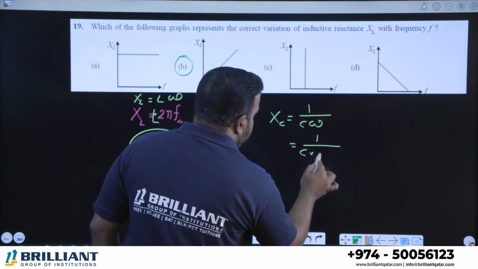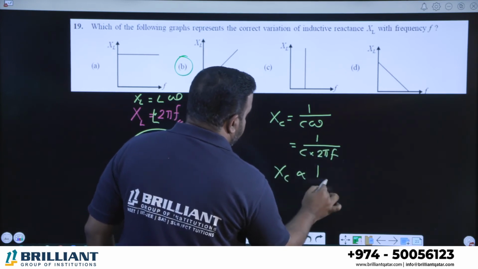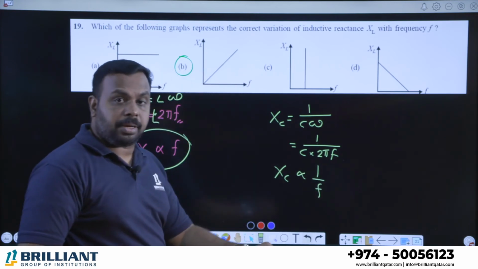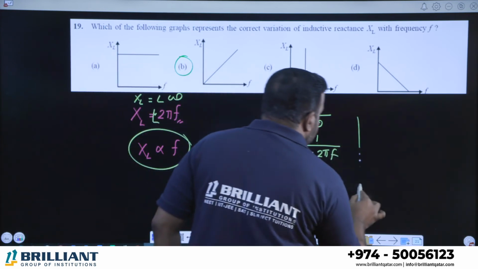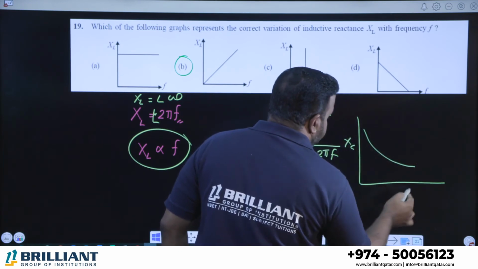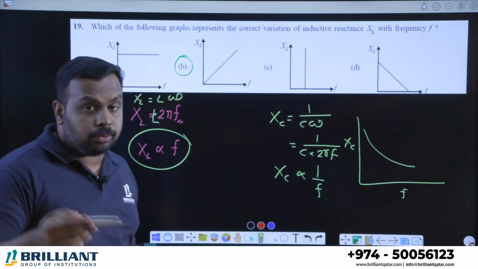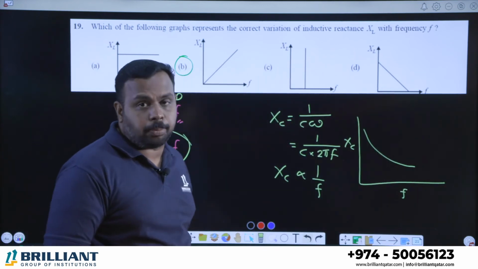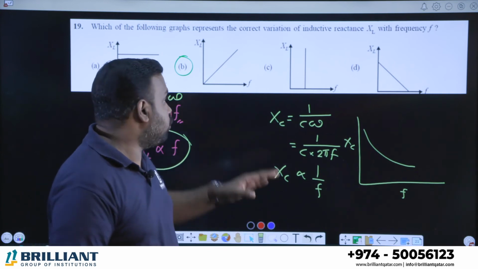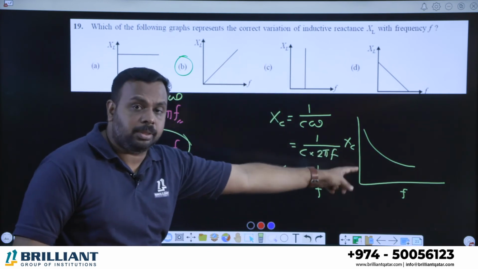Here it is 1 by C into 2 pi f. So you can see XC is inversely proportional to frequency. So if they are asking about capacitive reactance, the graph will show an inversely proportional relation, something like this. It will not be a straight line because it is inversely proportional. So read the question carefully. For inductive reactance, B is the right answer. If they are asking capacitive, this one.